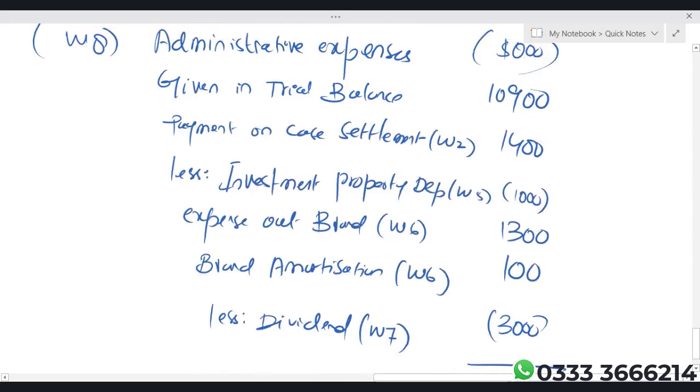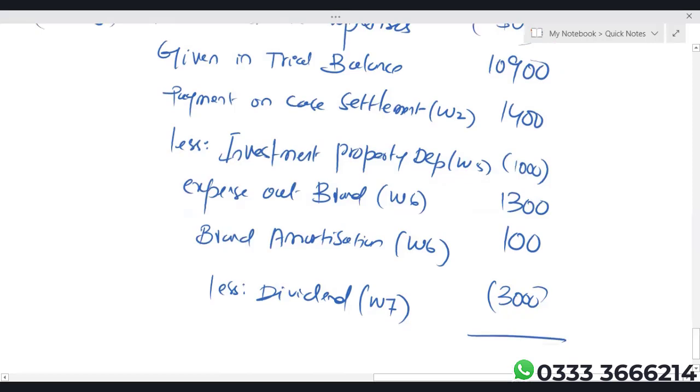So let's use a calculator. 10,900 plus 1,400 minus 1,000 plus 1,300 plus 100 plus 3,000. Oh, minus 3,000, not plus. So 10,900 and then 14 and this. I'm getting 9,700.